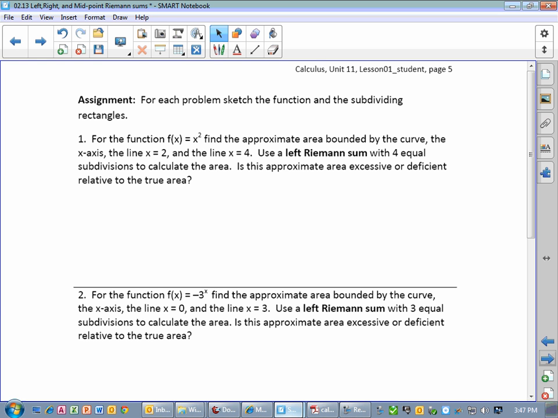So it's not always 4 rectangles. You need to read the directions to determine that. And then answer the last question: is the area excessive or deficient relative to the true area? Excessive would be greater than, and deficient would be less than. There's only 7 of these problems because they take a little bit longer than just 2 plus 2.